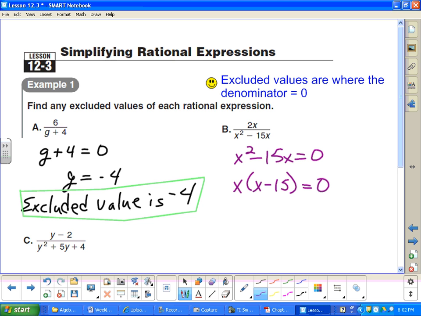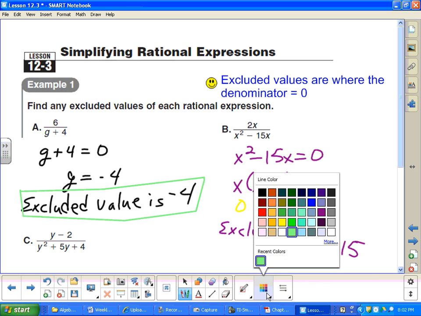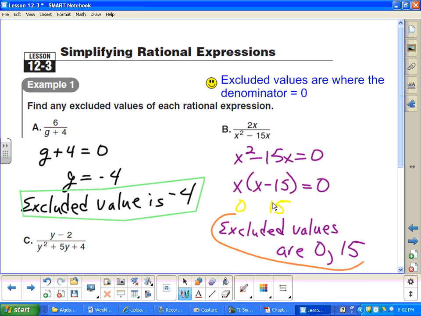We have zeros at 0 and positive 15, so the excluded values are 0 and 15.